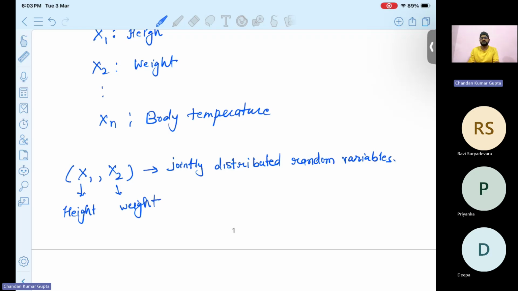We can consider two different random variables together in a distribution function, and that is a joint distribution function. When we consider 3, 4, 5, or n variables, it is a multivariate distribution. There are different kinds of joint distributions, like joint gamma, beta, etc. But in this course, we will discuss only the bivariate normal distribution.